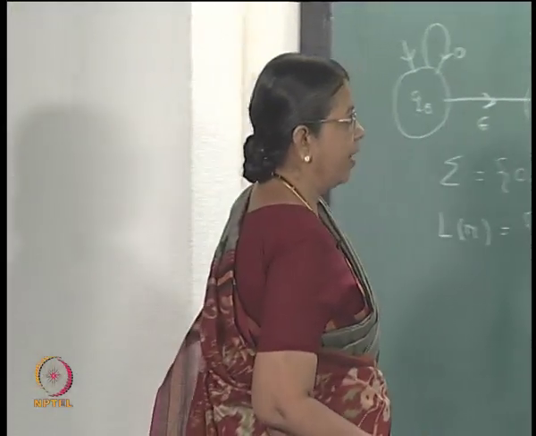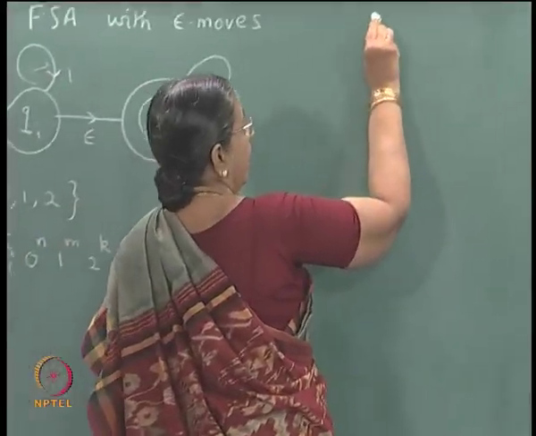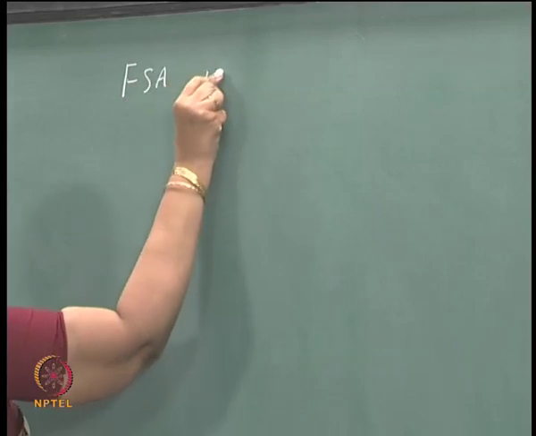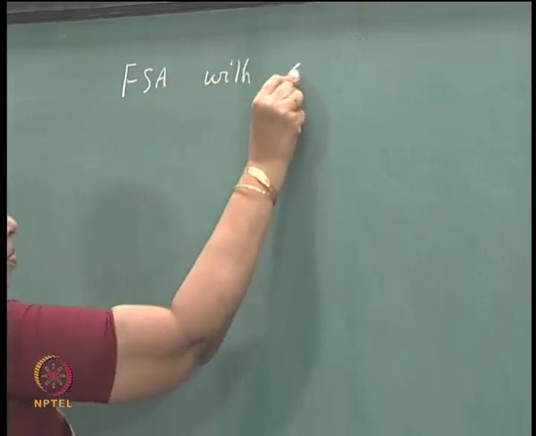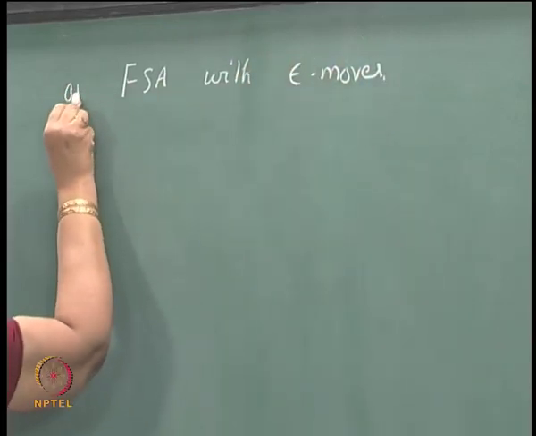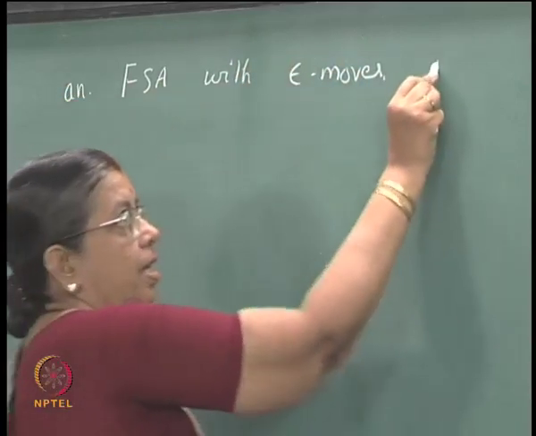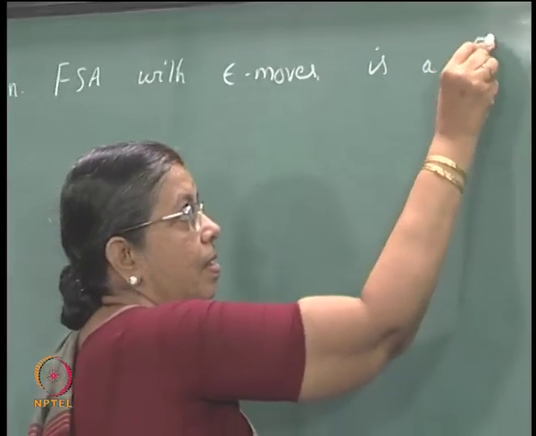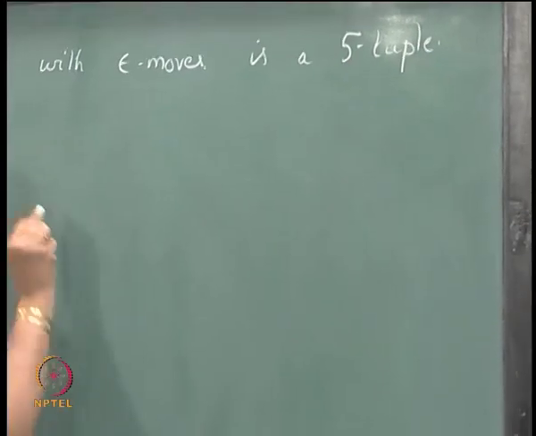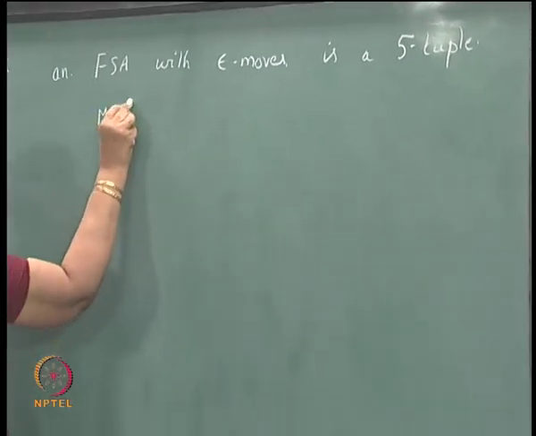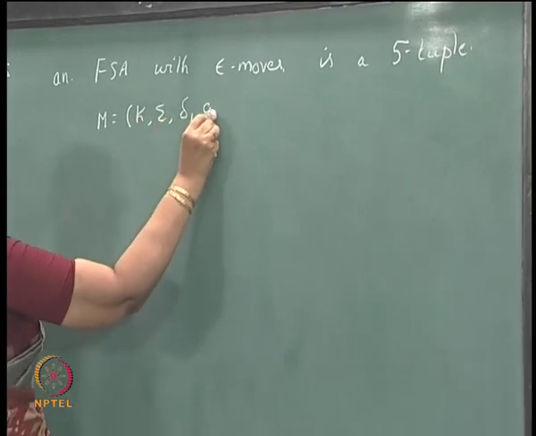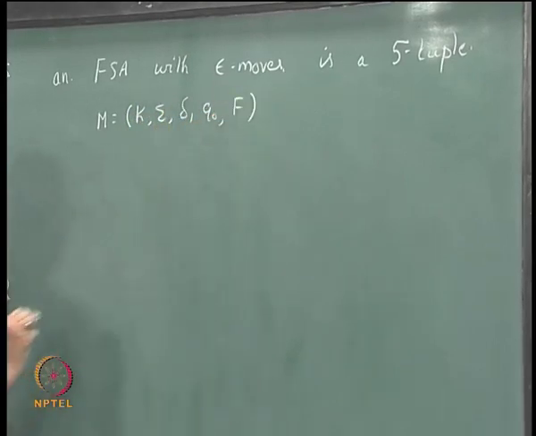Okay, formally defining FSA with epsilon moves, an FSA with epsilon moves is a five tuple M equals K, sigma, delta, q naught, F. Same way you define.